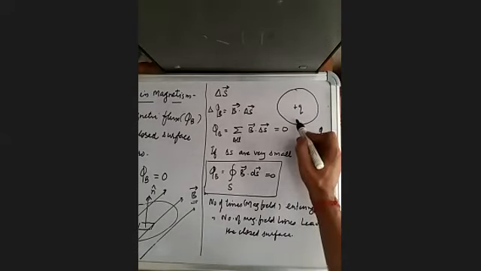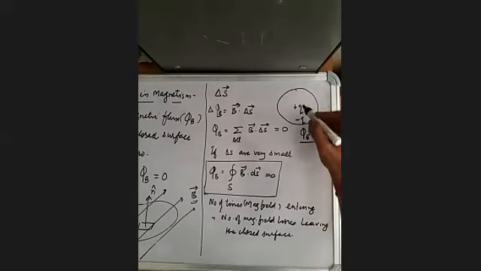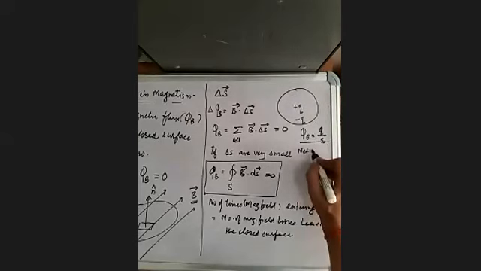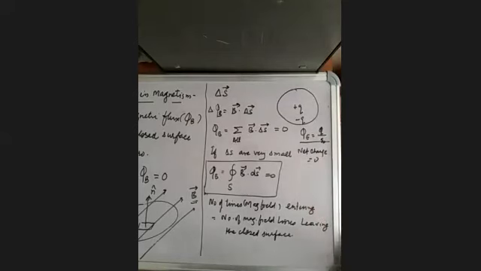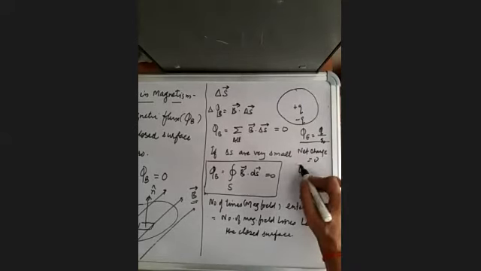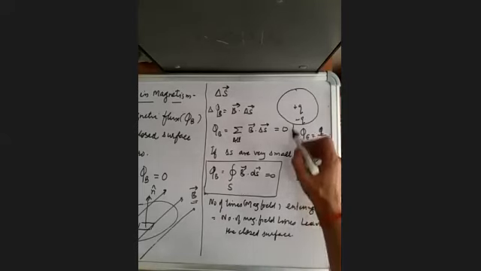But if I place a similar opposite charge, of the same magnitude, that means if I use a dipole which is enclosed by this surface, then the net charge enclosed by the surface is 0. In that case flux is equal to 0. So that is the case in electrostatics.